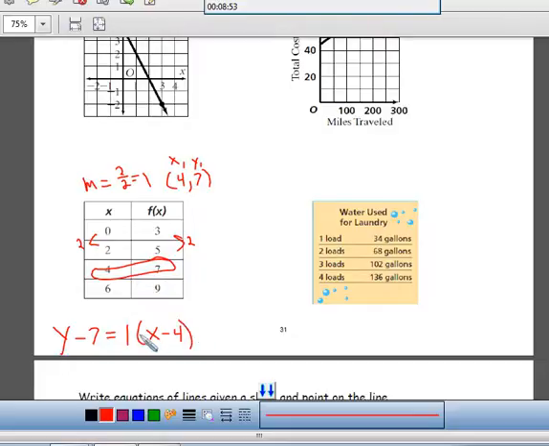Now we don't need the 1 in front of this, so you could do just y minus 7 equals x minus 4. This one over here, why don't you go ahead and figure that one out on your own, and whoever shares their answer in that will help you earn a point on your scoreboard.